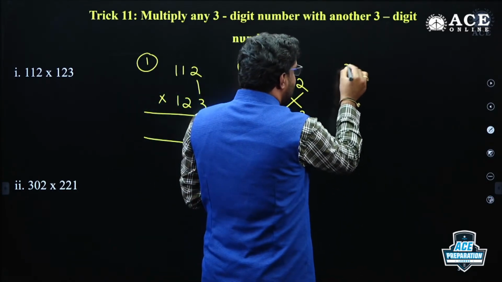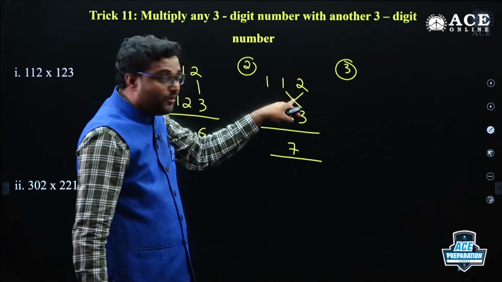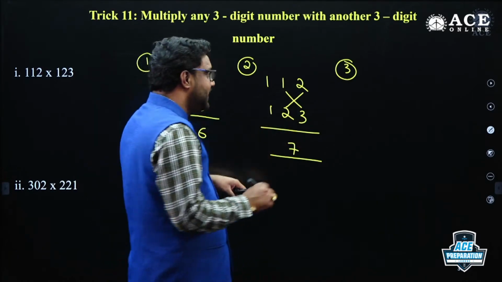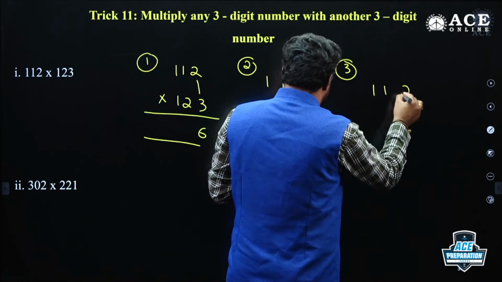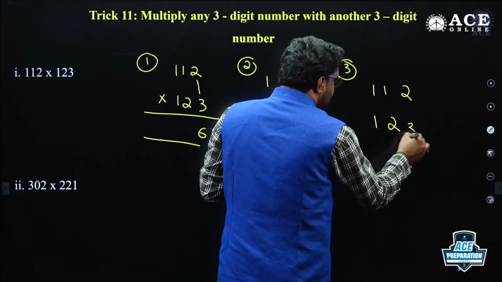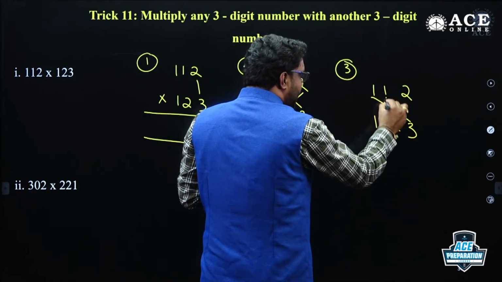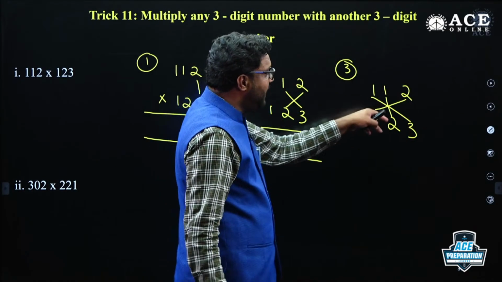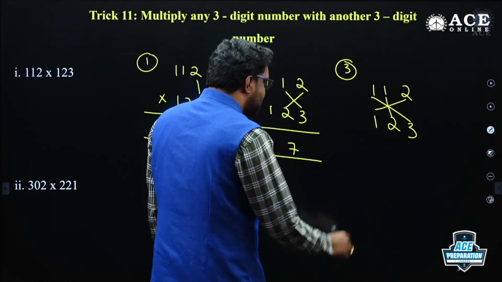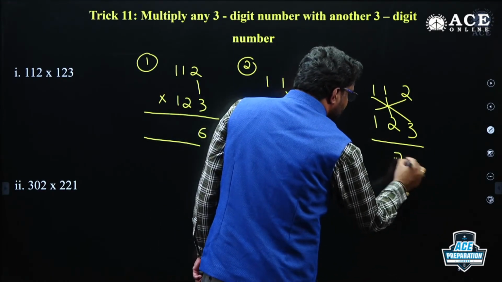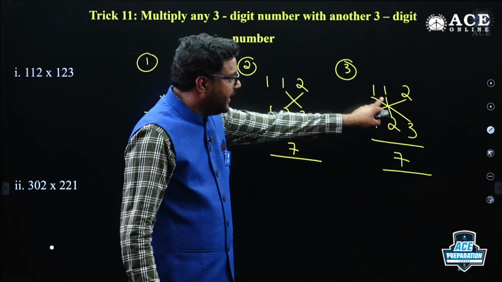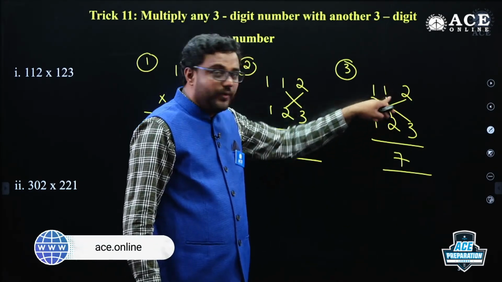Then third step is, see, 1 at a time, then 2 at a time, now 3 at a time. Third step, you have to take 3 at a time. How to do that, sir? So this is 1 into 3, 1 into 2, 1 into 2. 3 plus 2 plus 2, we got 7 again. So this, 1 into 3, 1 into 2, 2 into 1.